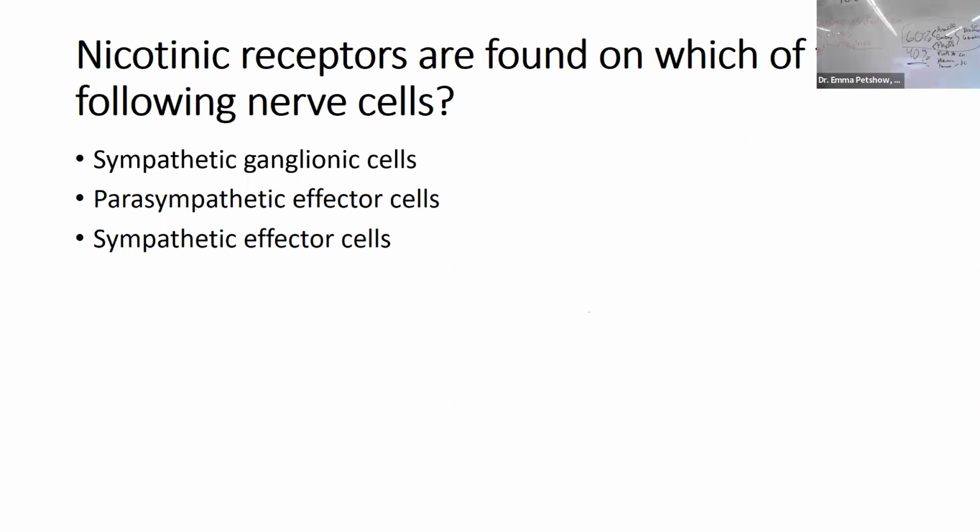It's also parasympathetic ganglionic cells. It's just ganglionic cells, right? Nicotinic receptors are at our ganglionic cells. The presynaptic neuron is going to release neurotransmitter that's going to interact with our nicotinic receptors on the ganglia, which is going to send down our postsynaptic nerve, which is going to send out whatever neurotransmitter interacts with our effector cells, which could be muscarinic or adrenergic, depending on which system we're activating.